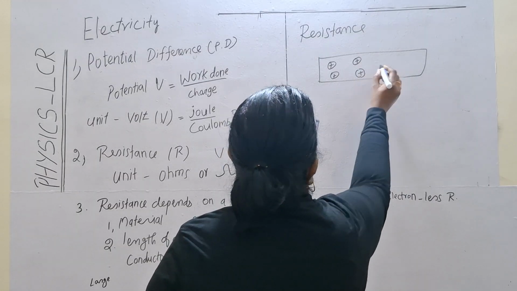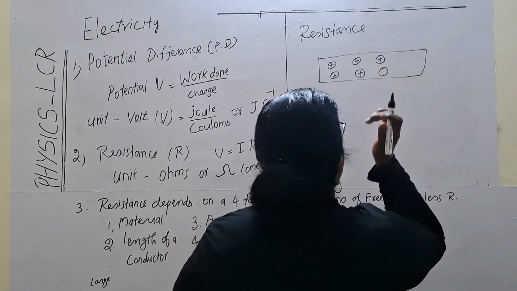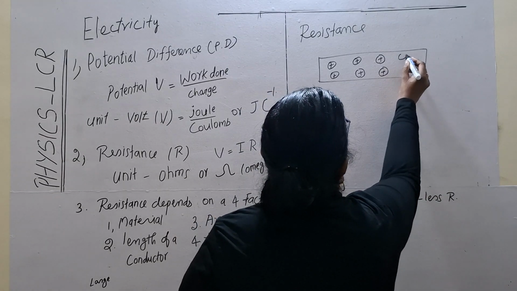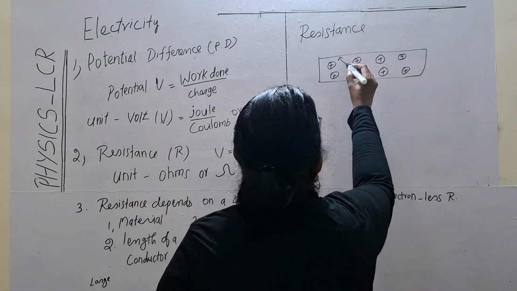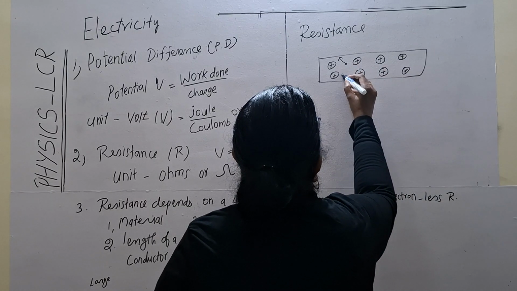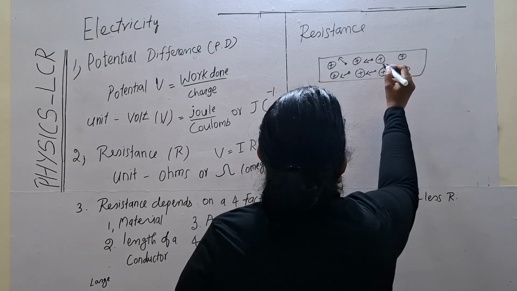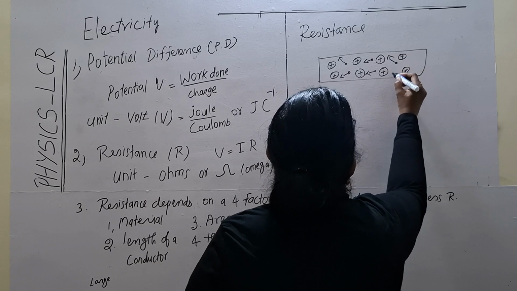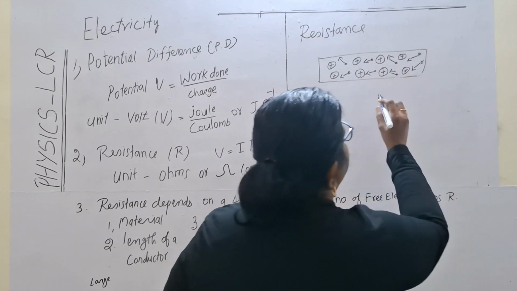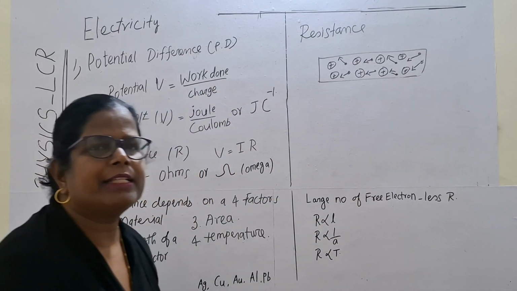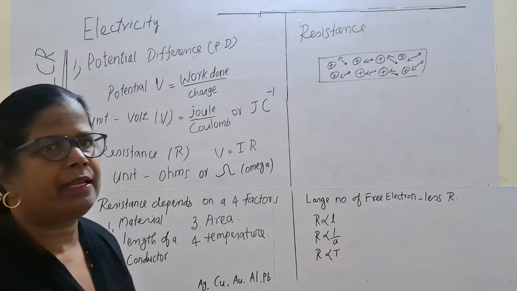When it is not connected, when we are not giving a cell or battery connection, the electrons move in different directions like this. When the metal is connected with the cell or battery, the electrons are going to move.